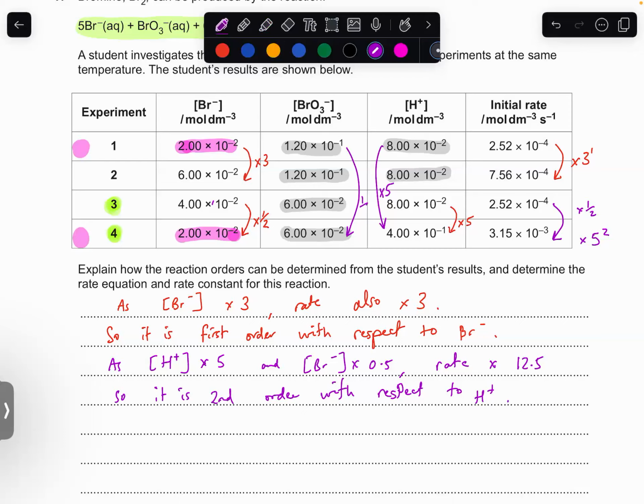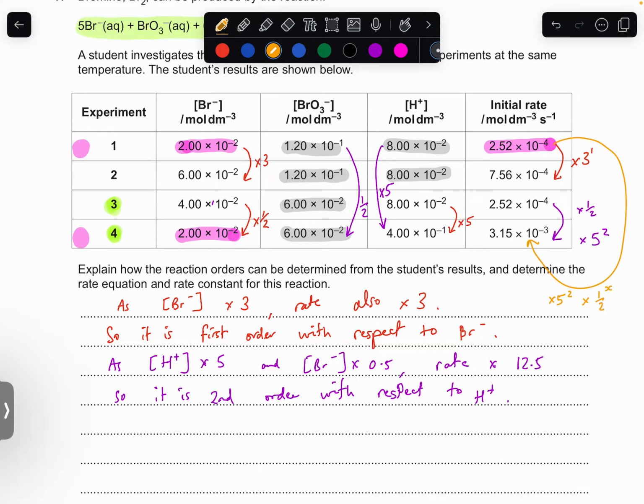It is being multiplied by a half. So what's happening is this rate should be multiplied by 5 squared and also half to the power of x. We don't know what that x is.